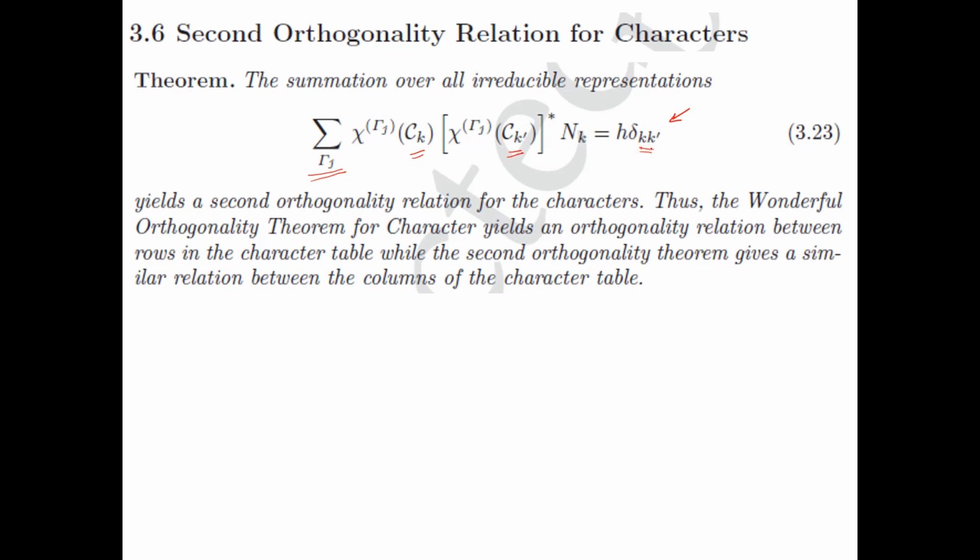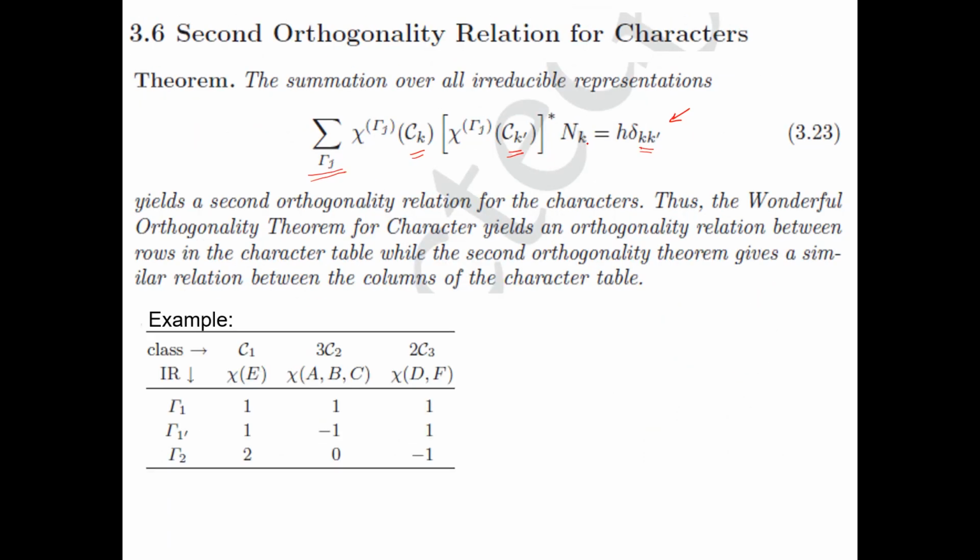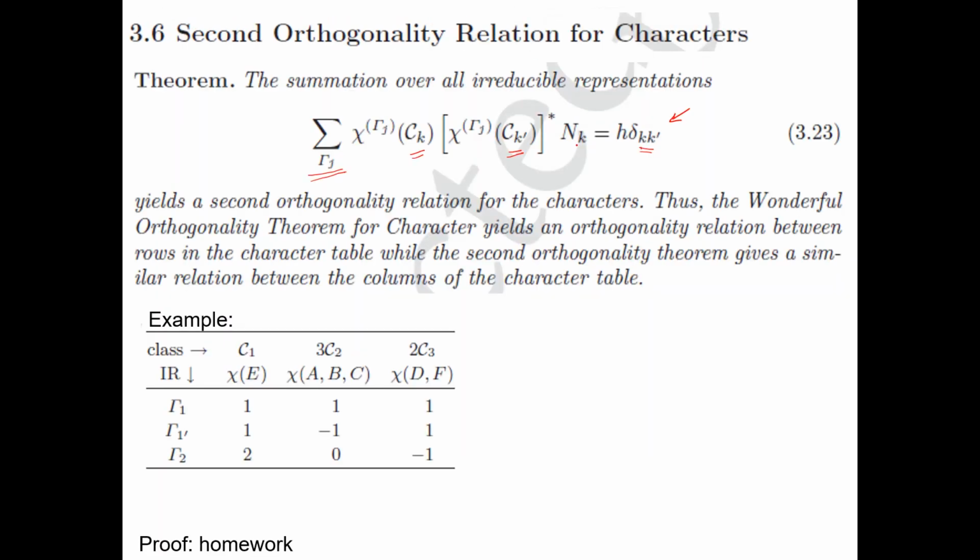If this is the case, then it is equal to h, the number of elements in the group. The proof for this theorem is very similar to the one we did before, so I'm not going to do it here. I will leave it as homework for you.